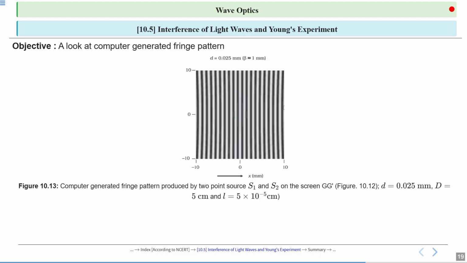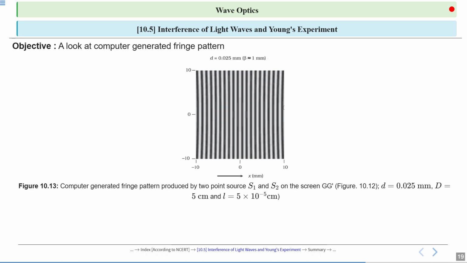Very, very small. Okay, so the distance to the screen, capital D, is 5 centimeter and the wavelength is 5 into 10 to the power minus 5 centimeter. So these values are crucial for understanding the pattern we see.